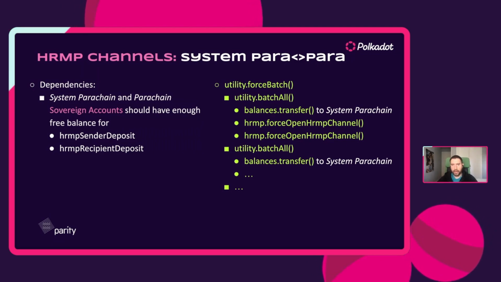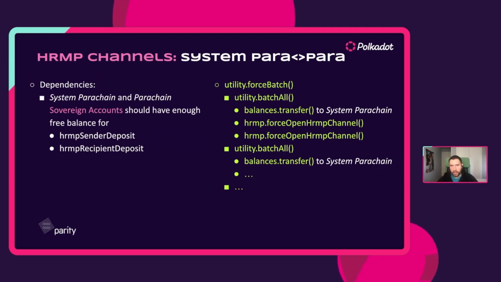First of all, we have a force batch. A force batch will execute each of the calls inside of the batch, but if one of them fails, it will continue. Each of the calls is at the same time a batch all. The difference is that in batch all, if only one of the calls inside fails, the whole batch will fail.